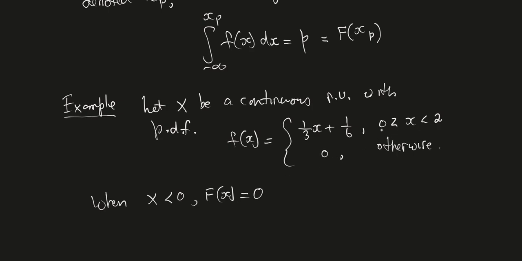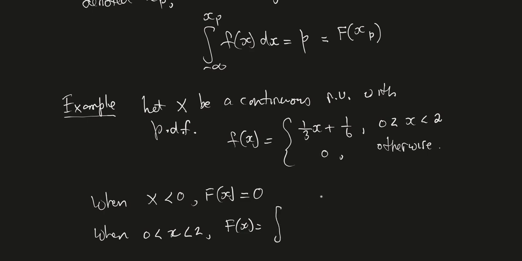When x is between 0 and 2, that's where we have to go through and compute the area function. So we have to accumulate the area under the PDF. So when x is between 0 and 2, we have to set up our area function.